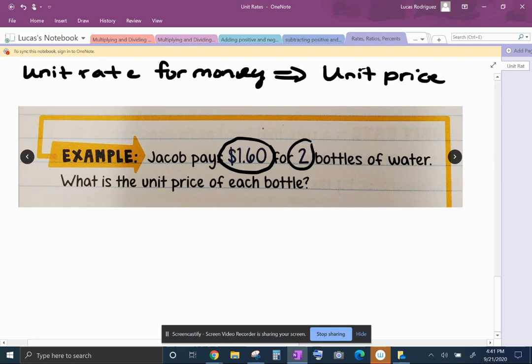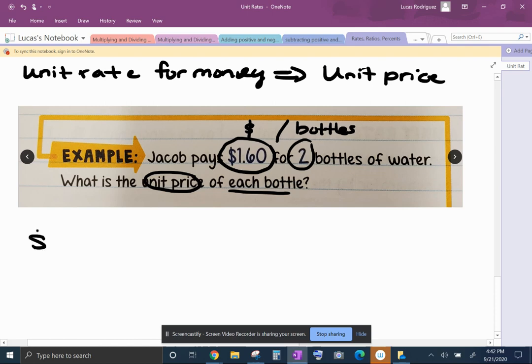Notice the money comes first. This is exactly how we're going to set it up. They tell you exactly what goes on top and what goes on the bottom. 4 bottles of water. So what is the unit price of each bottle?